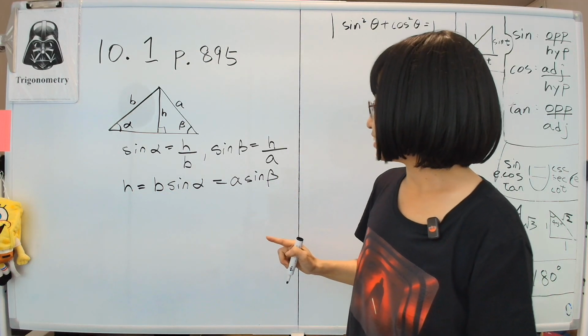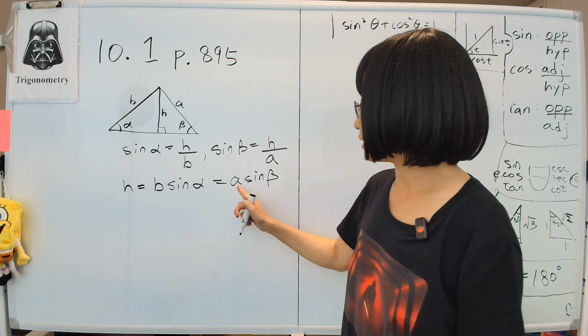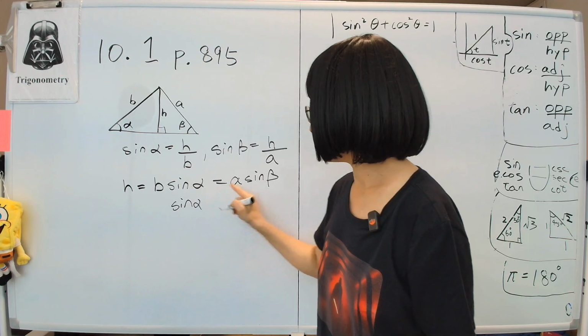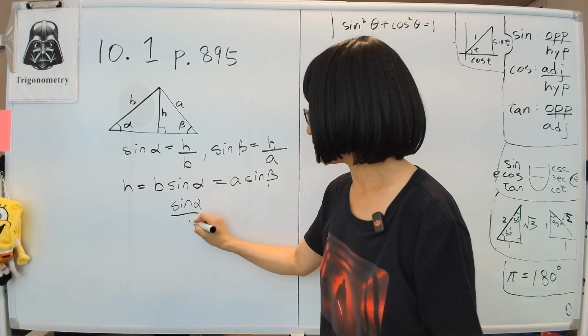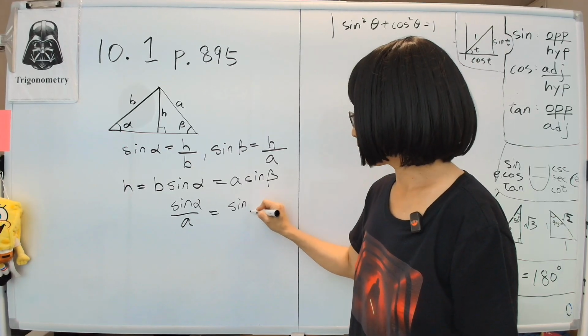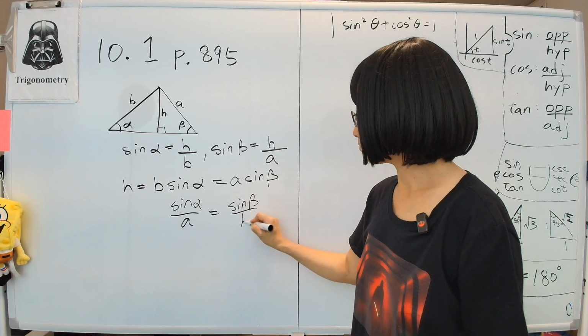We already did it. Put another way, if we move the a down here, sine alpha over a equals sine beta over b.